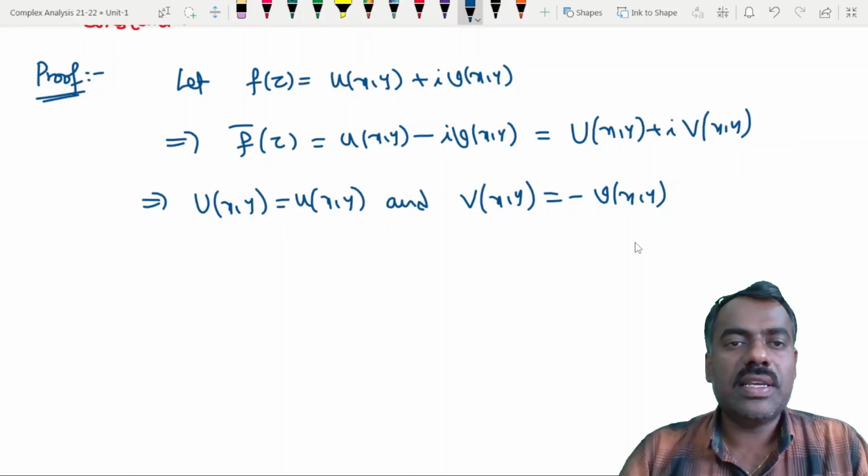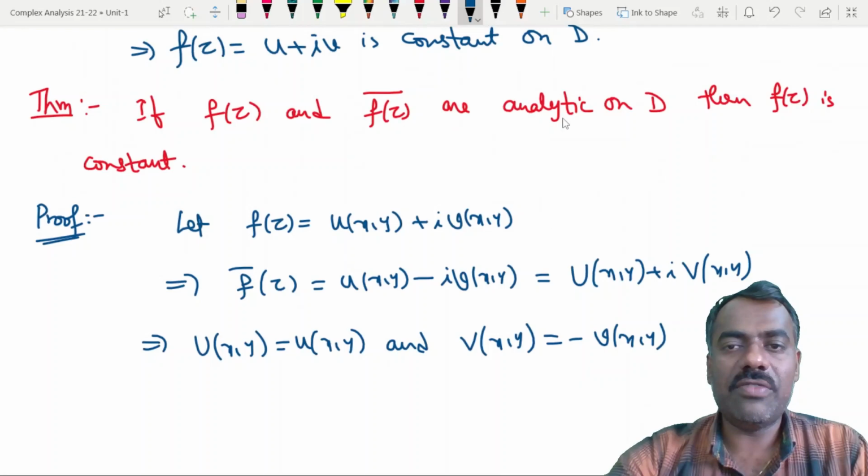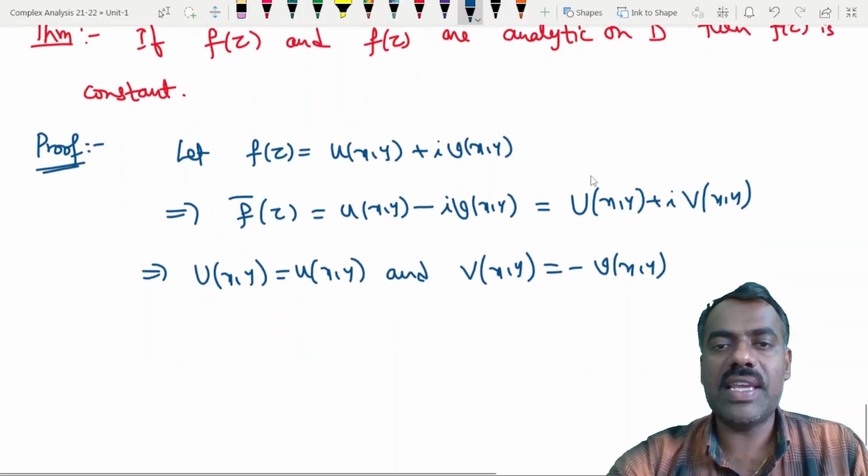Now since f of z and f bar of z, both are analytic, they satisfy the CR equations.